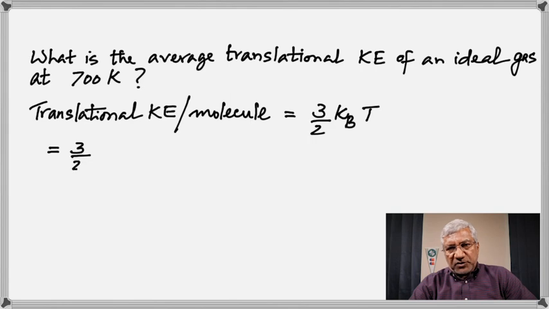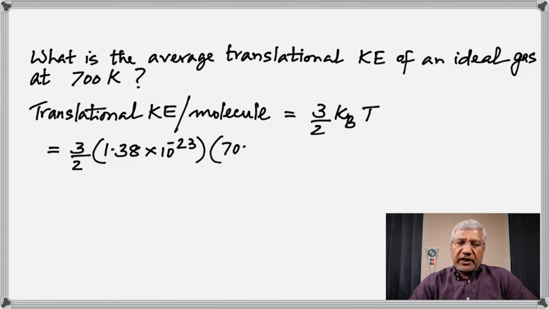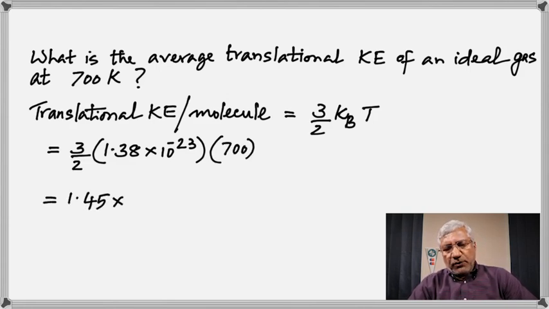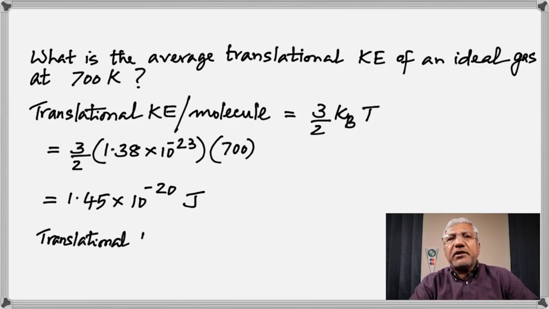Now kB is the Boltzmann constant, which is 1.38 times 10 to the negative 23, and the temperature is given as 700 Kelvin. So the answer comes out to be 1.45 times 10 to the negative 20 joules. Remember, that's for one molecule.